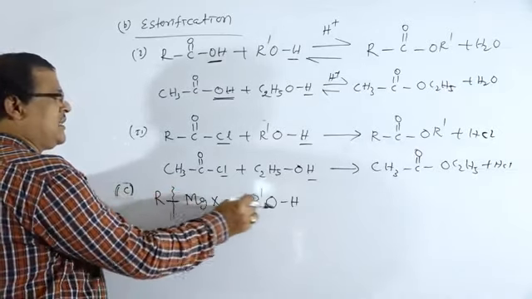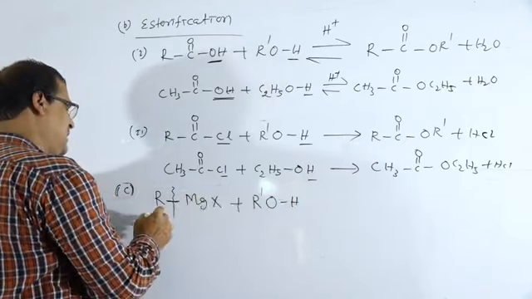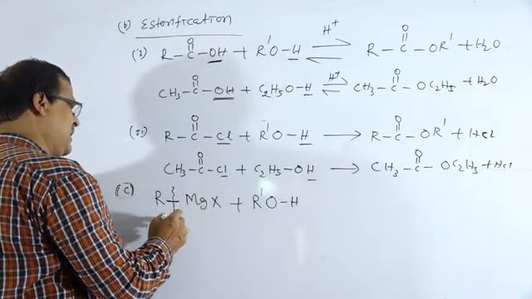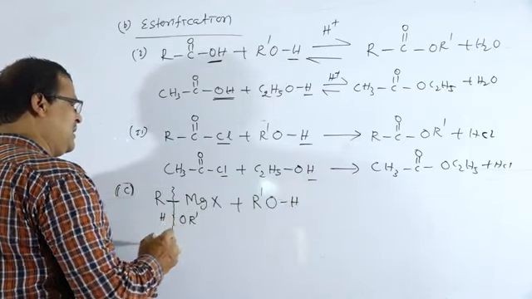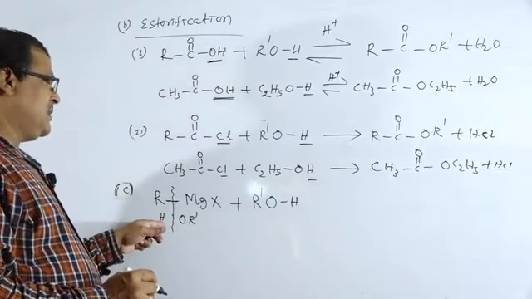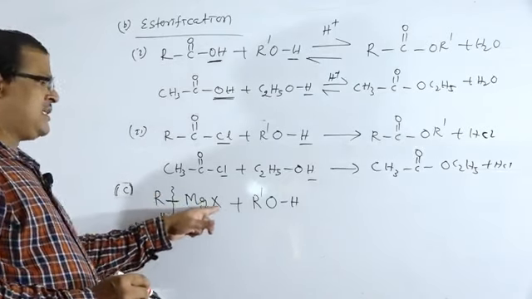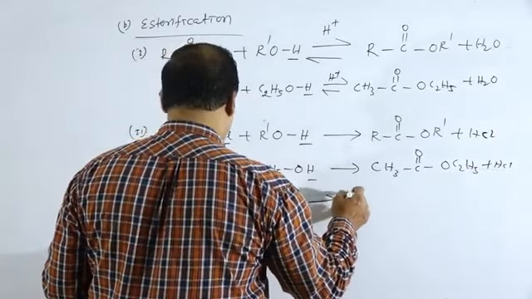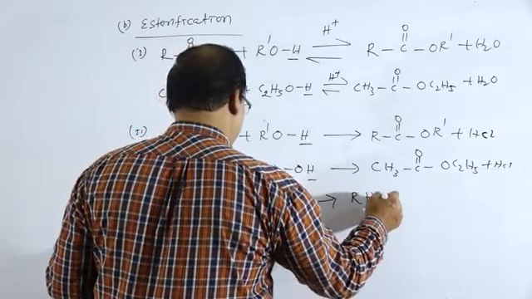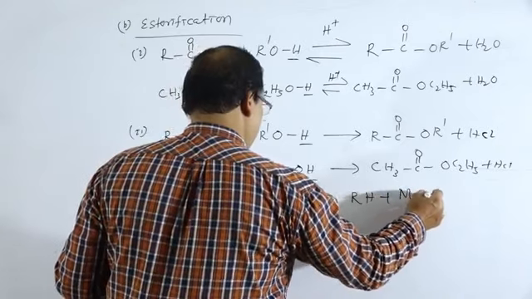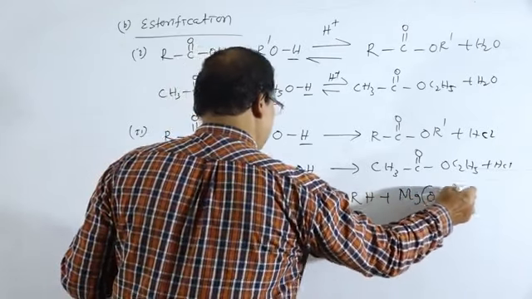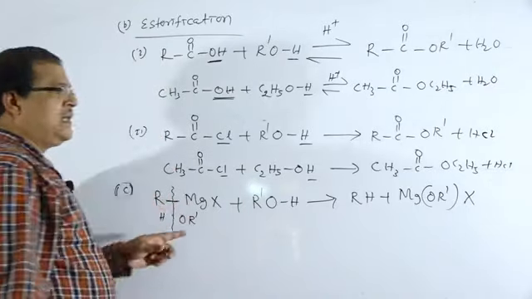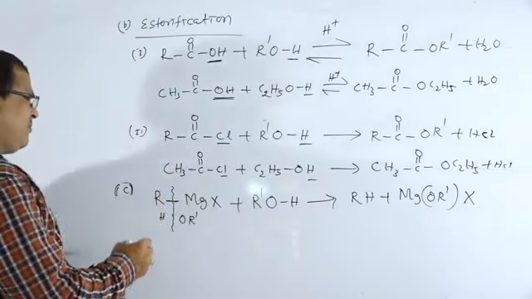That is also a reaction due to the H part. The H part is added to this side and OR' to this side, giving RH plus Mg(OR')X. There is the formation of this compound. RH is the formula for the alkane.